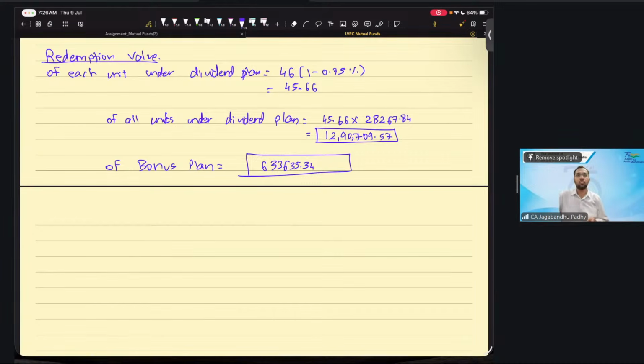So holding period return of dividend plan. We'll simply say we are realizing 12,90,709.57 against an investment of 10,50,000.